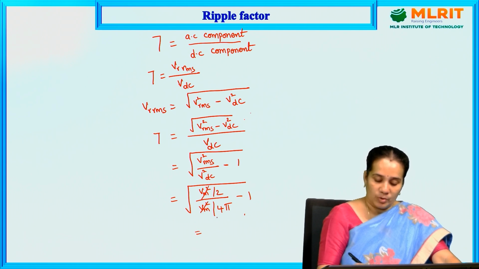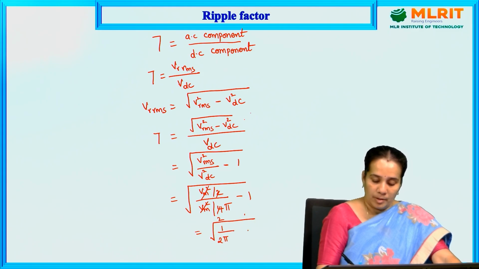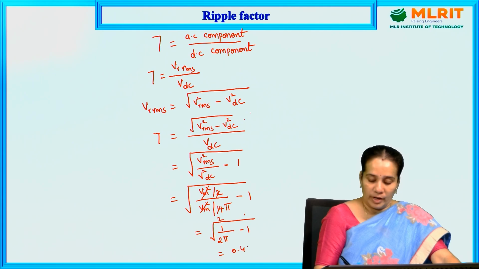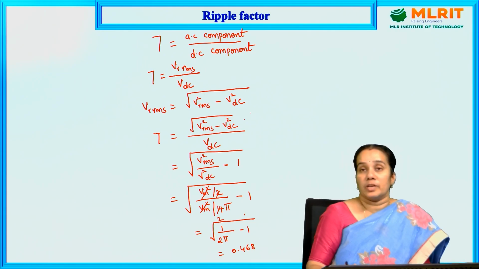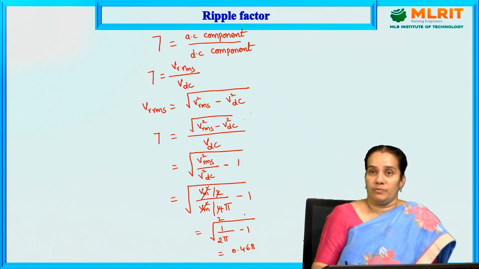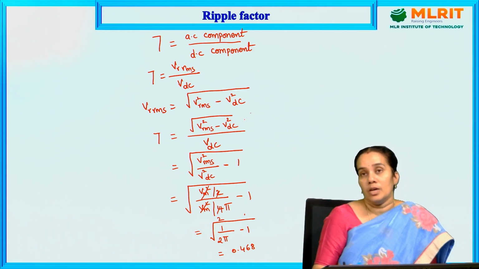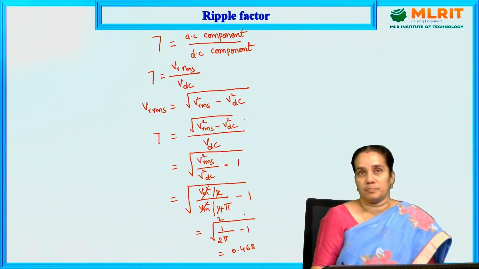Then it is equal to under root of pi square by 8 minus 1. So here the value is equal to 0.468. Comparing to the half-wave rectifier, for the half-wave rectifier the ripple factor is 1.21. So compared to the half-wave rectifier, the ripples are reduced.